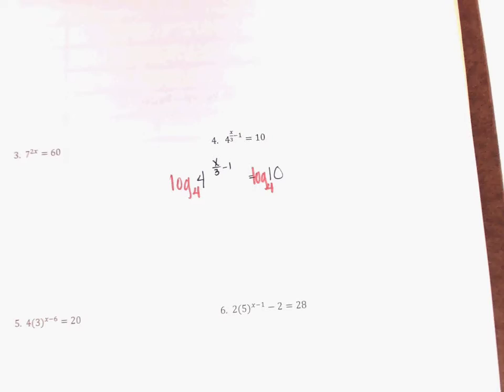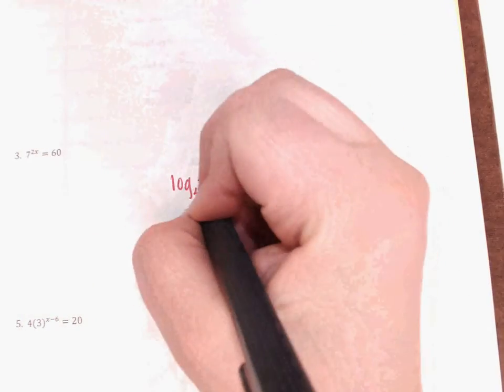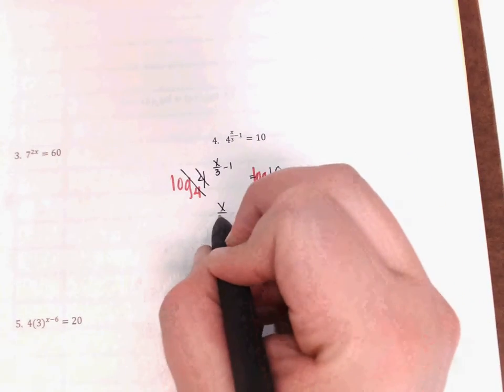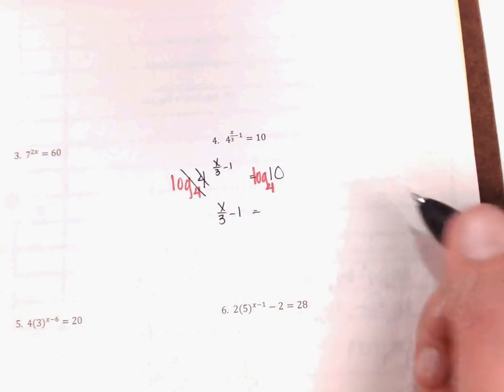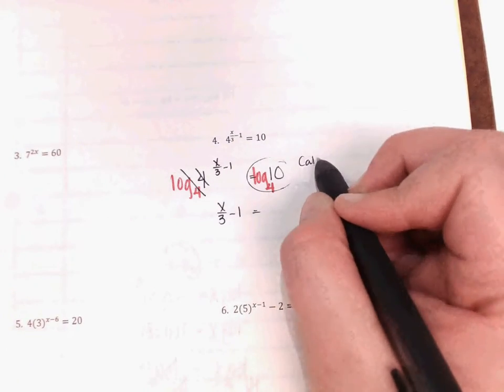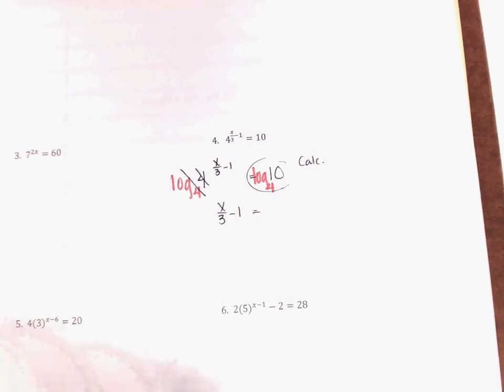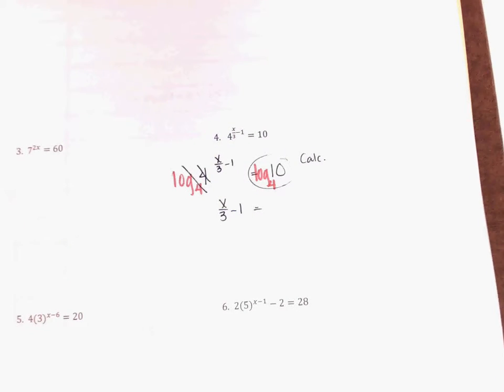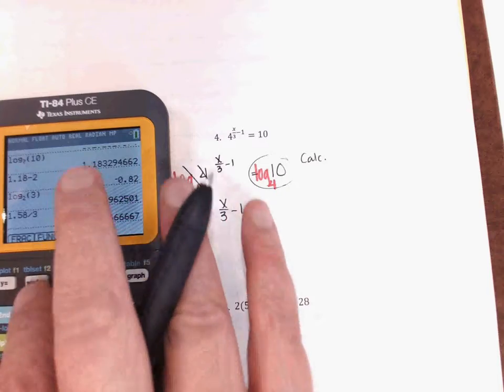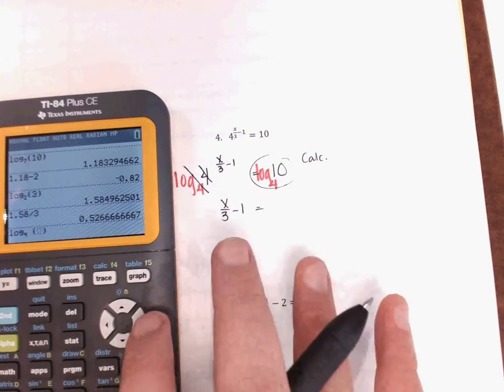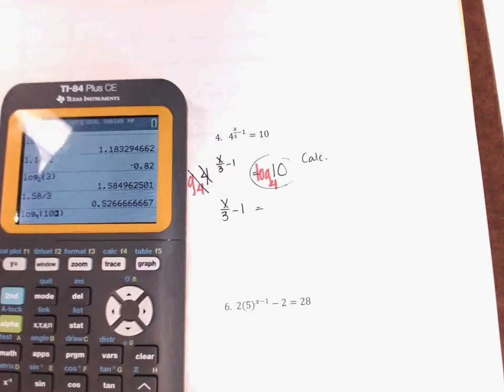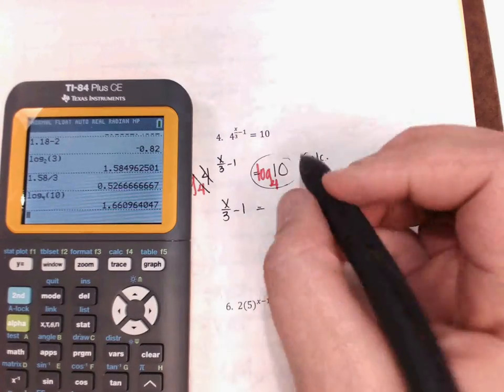And so then my log 4 and my 4 cross out. My x over 3 minus 1 comes down. And then that guy you're typing into the calculator. So I do alpha window 5. My little number's a 4, my big number's a 10. Just like that. And I got 1.66.